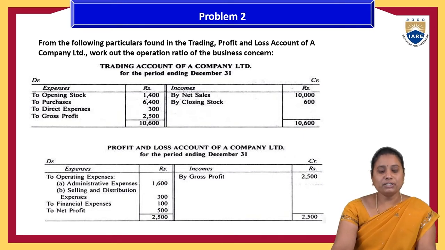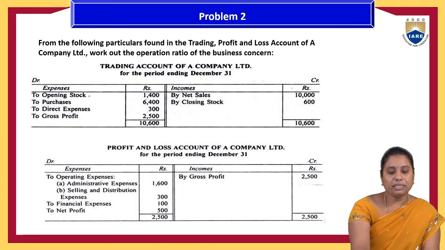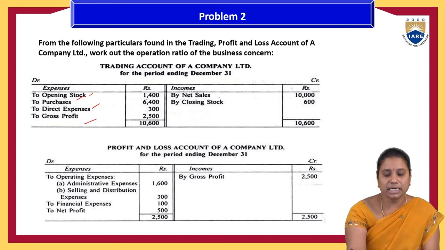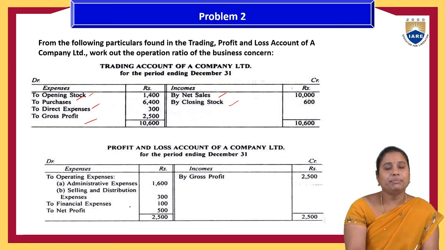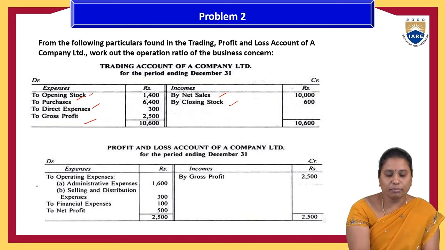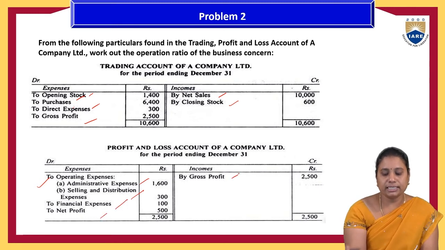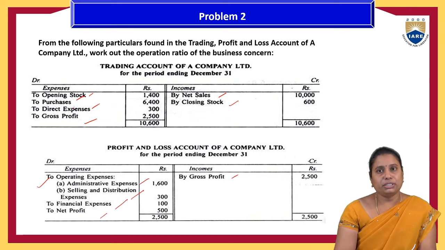Now, they have furnished the details of the trading account as well as the profit and loss account. So here opening stock, purchases, direct expenses, gross profit information, net sales, closing stock, that information they have provided, and the operational expenses of administrative, selling and distribution and financial expenses, net profits, and gross profits information, all they have provided for us.